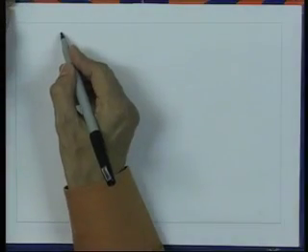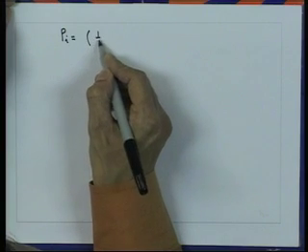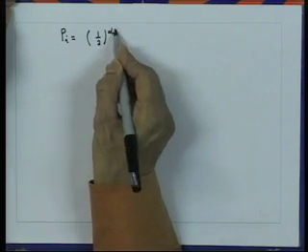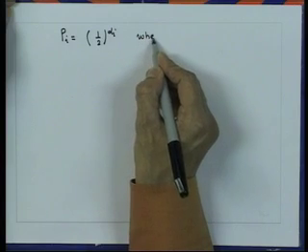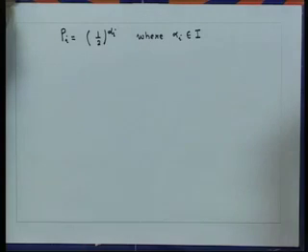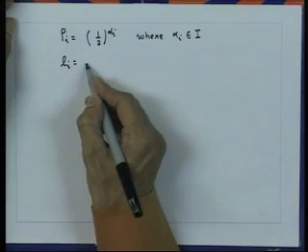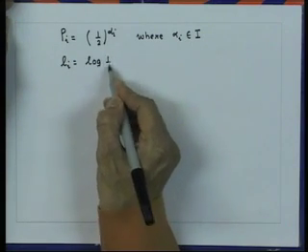We have seen that for a dyadic source, that is, if the probabilities of the source symbols are of the form p_i equal to 1 by 2 raised to alpha_i, where alpha_i is an integer, then the length of the code word is given by log of 1 by p_i.